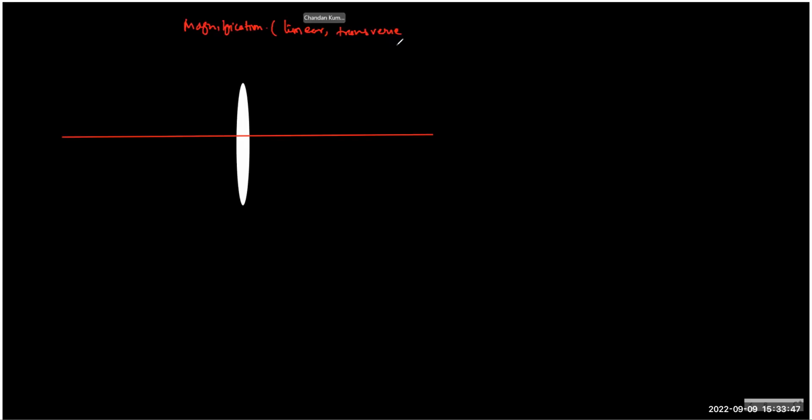Linear, transverse, and lateral. And the other one is longitudinal, that we have seen in the case of mirrors, right?